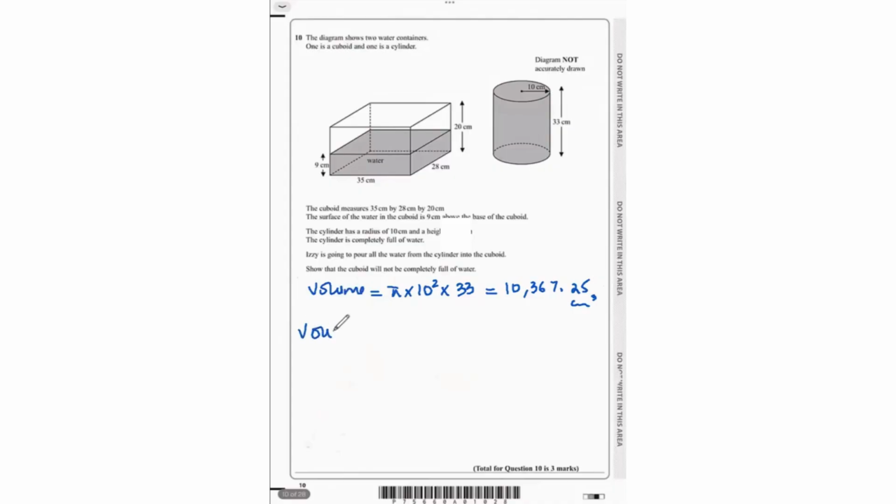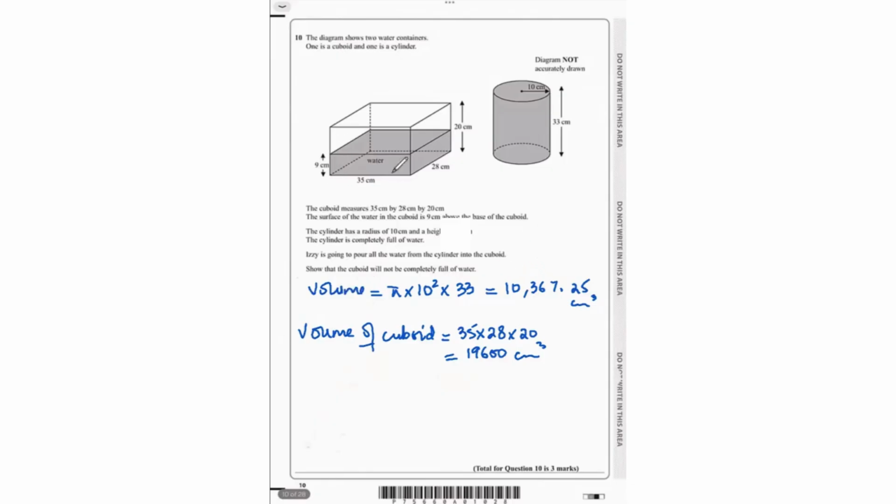Then we find the volume of the cuboid, which is going to be 35 times 28 times 20, which equals 19,600 centimeters cubed.